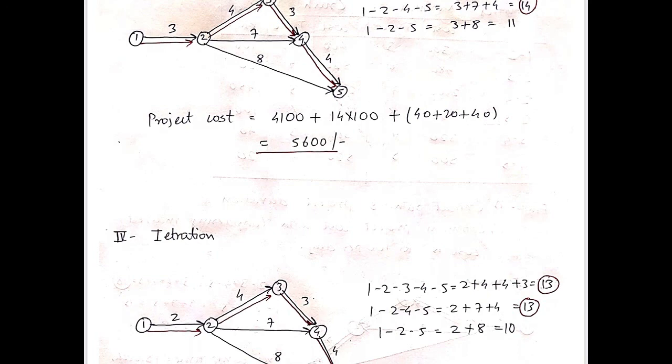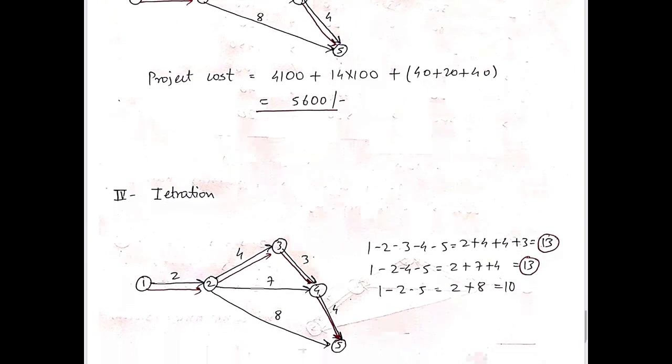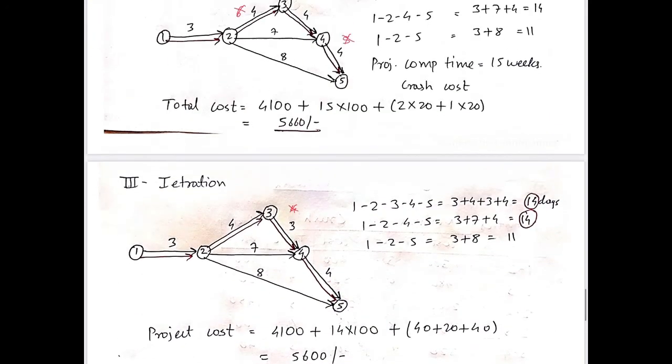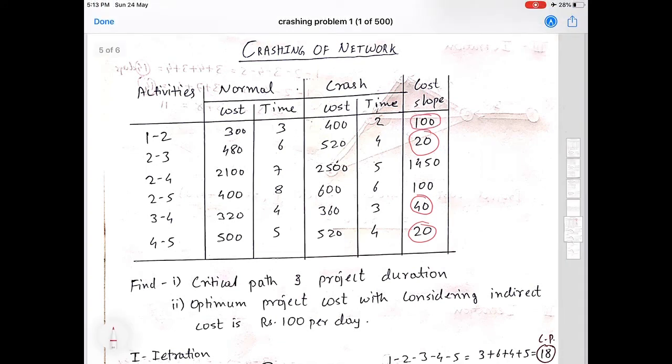In iteration 4, the one activity remaining is that we can crash activity 1-2 by a week. Also we now have a new critical path. On the new critical path, as you can see, activities 4-5 and 2-3 are already exhausted, and 2-4 we cannot go for because it has a higher cost slope.